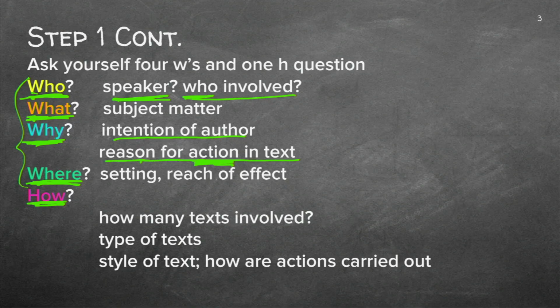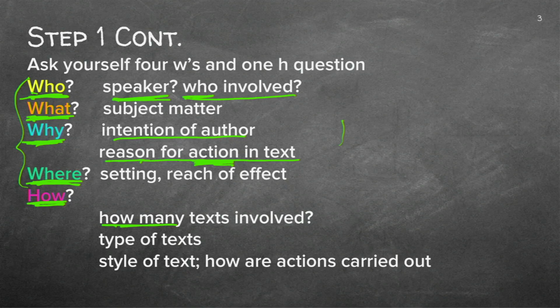How. What else do you need to look for when you're skimming before you even start trying to answer any question? You're not going to go there yet. You're just skimming everything. The how: you're going to have to ask yourself how many texts are involved.